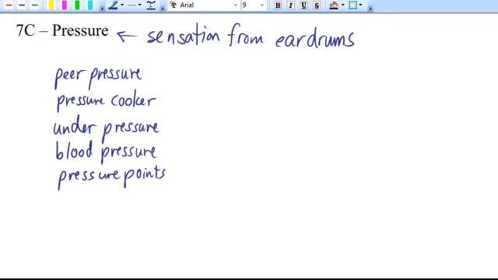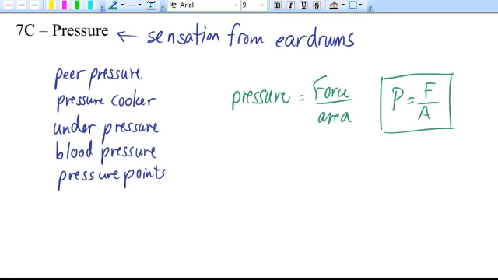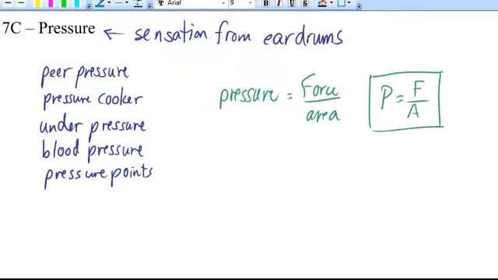By definition, pressure is equal to force divided by area. In symbolic form, we use the letter P to represent pressure, F is force, and A is area. So it's a formula. Technically speaking, it's the amount of force acting perpendicular to a surface divided by the area over which that force acts.